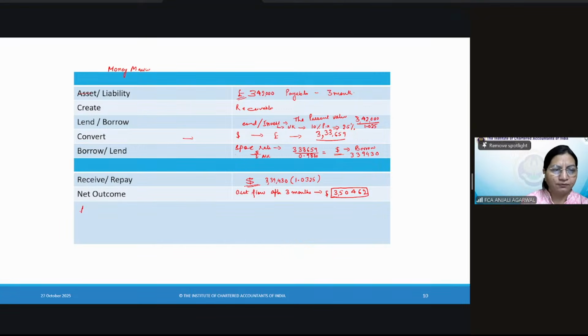So what is the flow? You have payables in pounds, create receivables in pounds, exactly same amount. How can you create receivables?